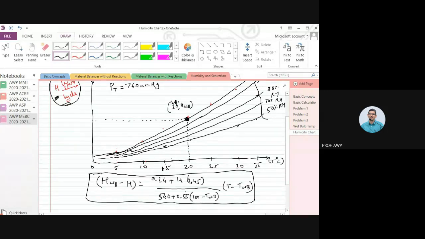I will take different values of temperature. HWB is known, TWB is known, 20 degrees centigrade, and correspondingly lambda we know. We have a relationship between T and H. Do you agree that this relationship between T and H will be corresponding to 20 degrees centigrade wet bulb temperature? Do you agree with that?